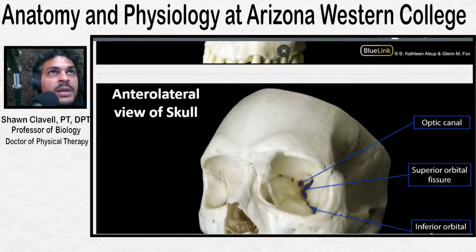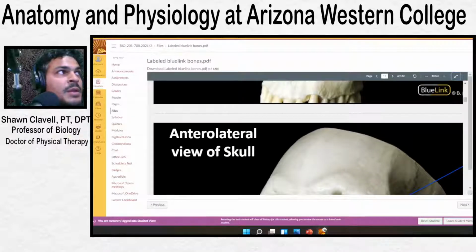And so this, again, this is found underneath the labeled blue link bones, there. And so one thing that I did want to review with you guys today is just take a look at what we're doing here as we go on into the features of the bones.